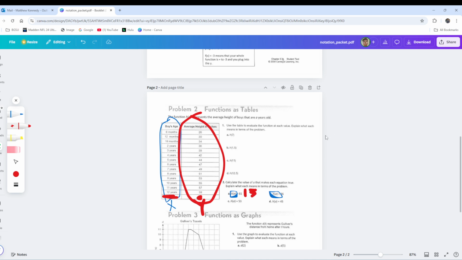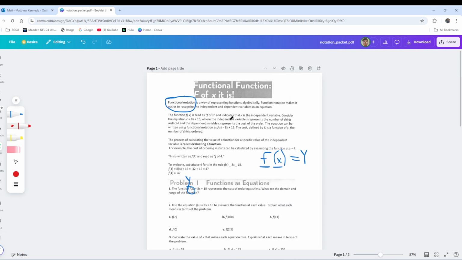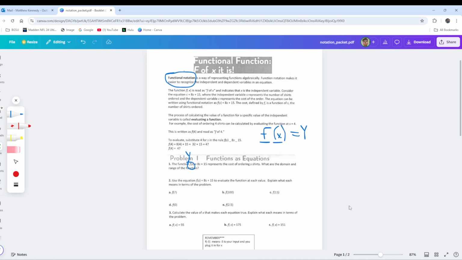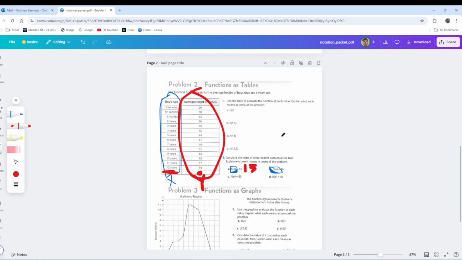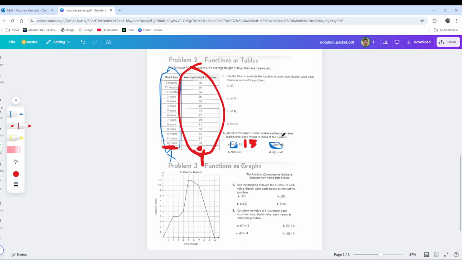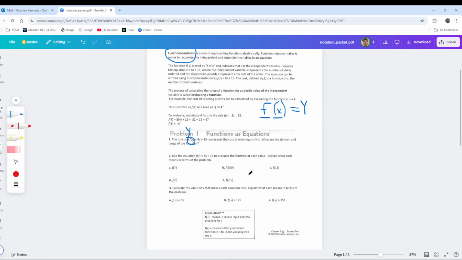So function notation, I know it looks kind of weird and you wonder why we use this notation. But this is just a different way to express y and x in equation land. As you work through these questions, you're going to see f of x is y equals 55, right?